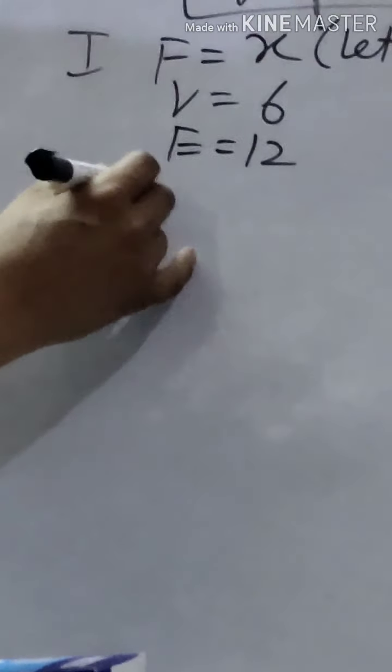So for this relation, by Euler's formula, F plus V minus E is equal to 2. So faces x, vertices 6, and edges 12 is equal to 2. Now shift all to that side.